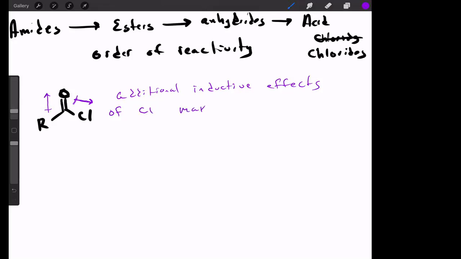This ultimately makes the carbon more electrophilic than it was before, compared to, say, an aldehyde or a ketone.